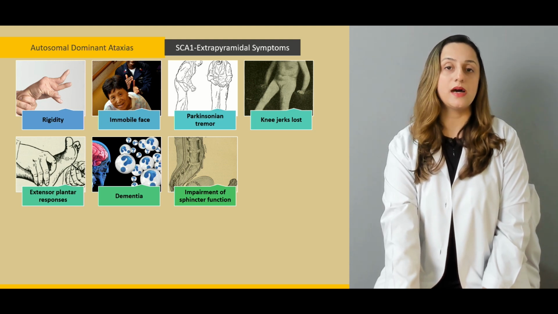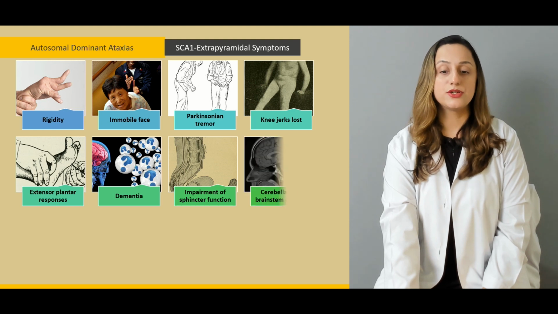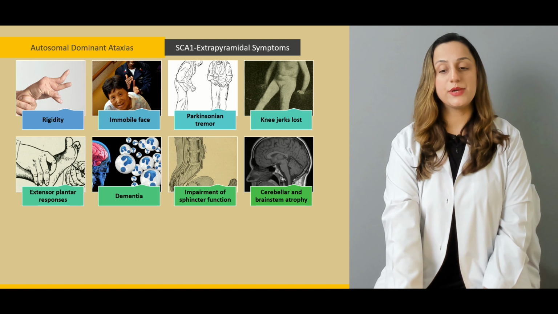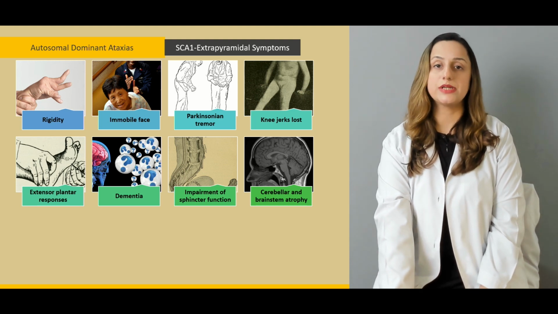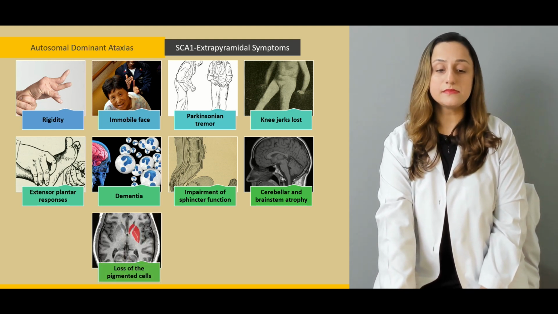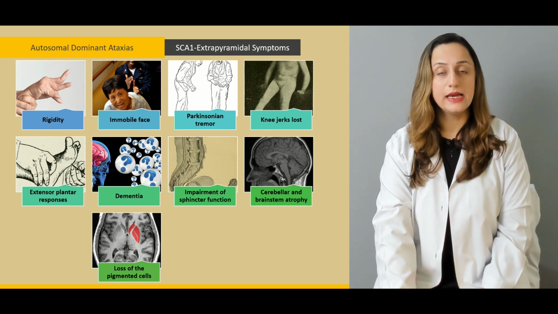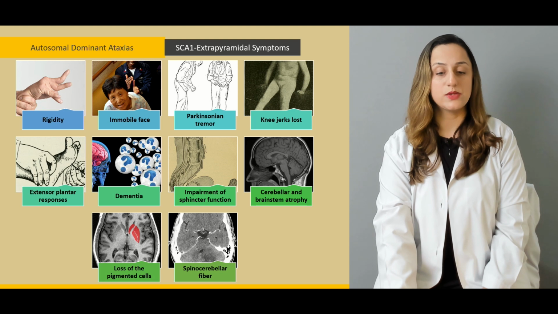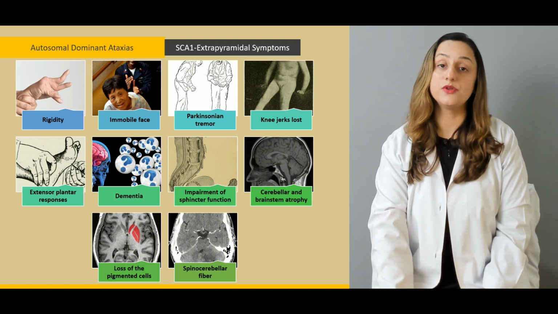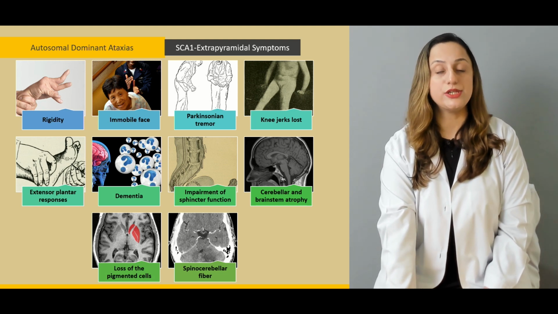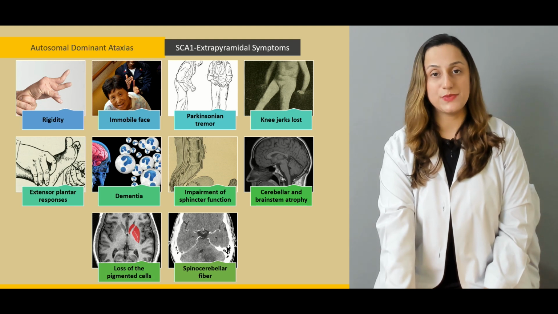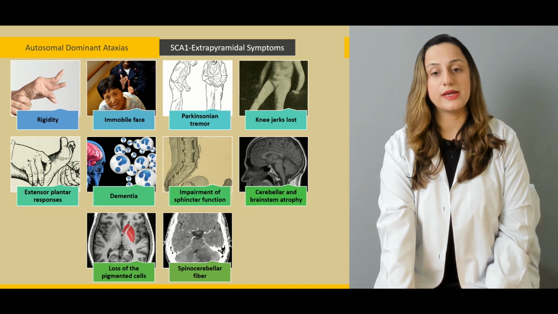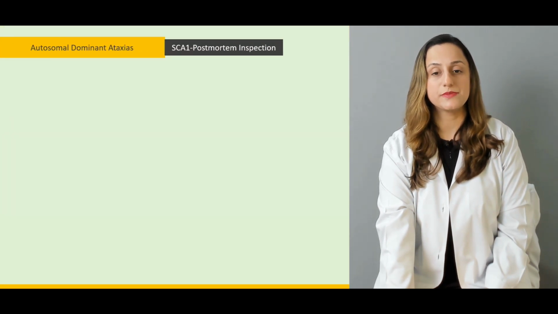There is going to be uncontrolled bladder or bowel movements associated with it. Cerebellar and brainstem atrophy is also noted down over here. And then we have loss of pigmentation of the cells. And finally, the spinocerebellar tracts can even be visualized when we carry out radio imaging for these patients. So this is again the group of symptoms which are known as the extrapyramidal group of symptoms.